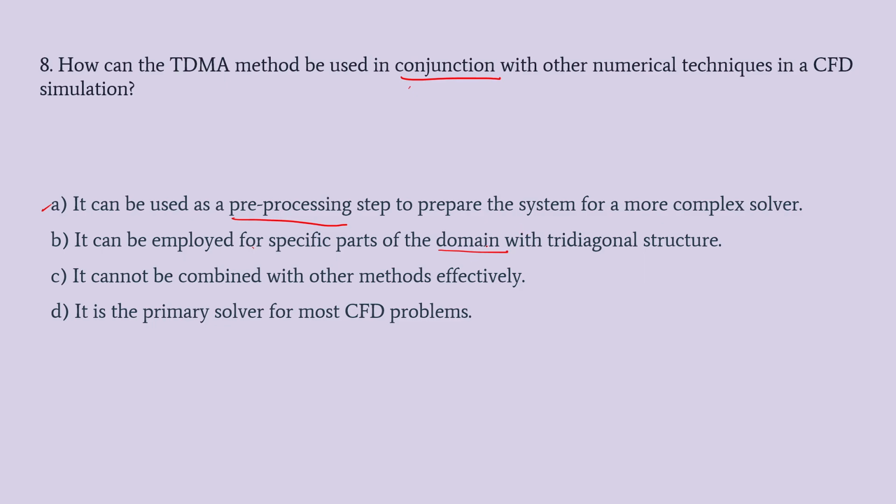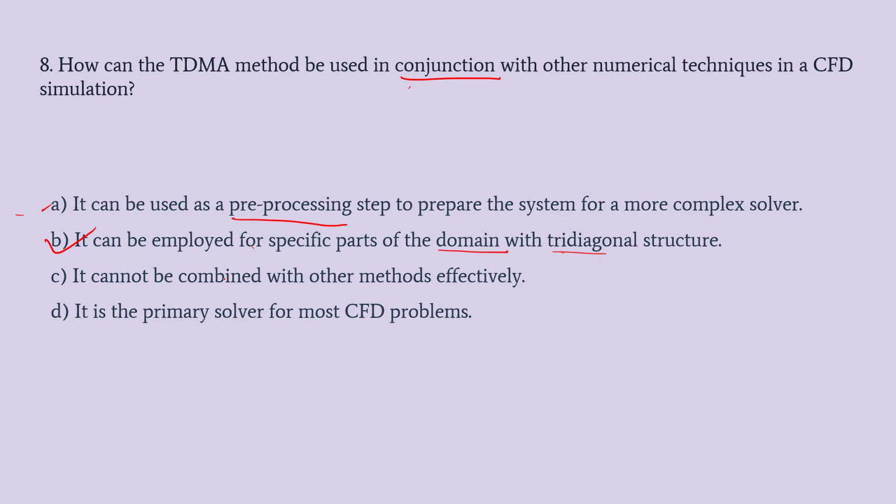In such a scenario, our tridiagonal structure can be used for that particular part. So that's a statement which is true. That is right. So our answer is option B.